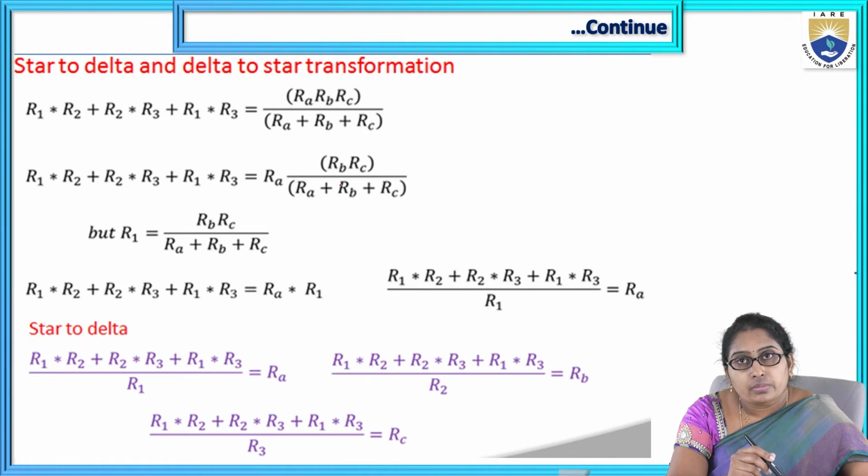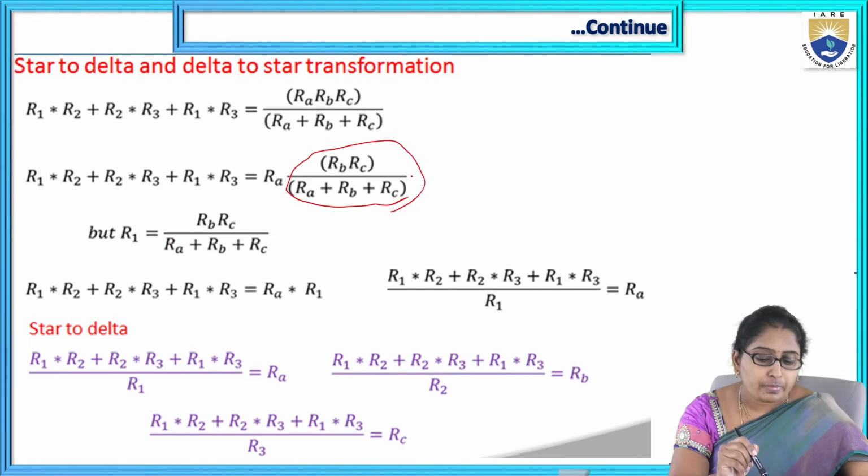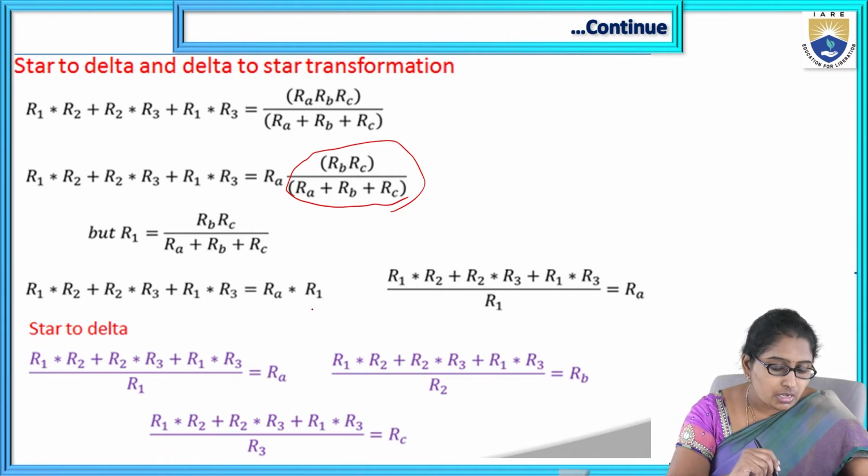Now, from previous knowledge, we know that this RB RC by RA plus RB plus RC is given by R1.